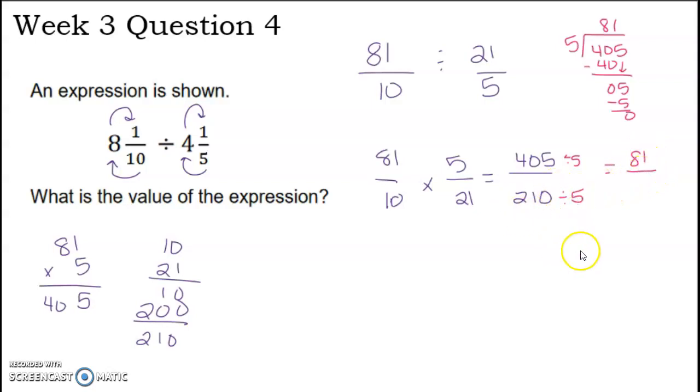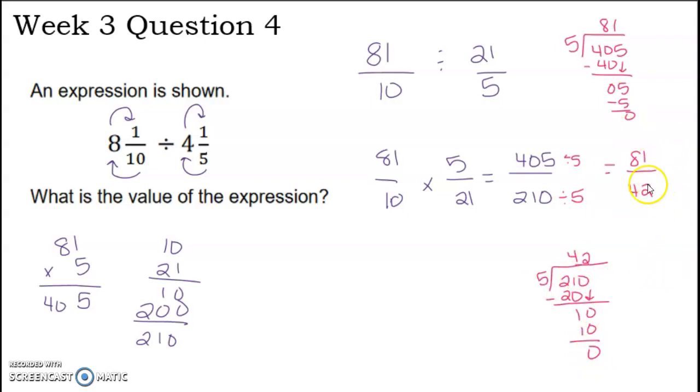And then 210 divided by 5. 5 goes into 21 4 times, and that is 20. Bring down the 1, bring down the 0. 5 goes into 10 2 times with no remainder. So our answer is 42.